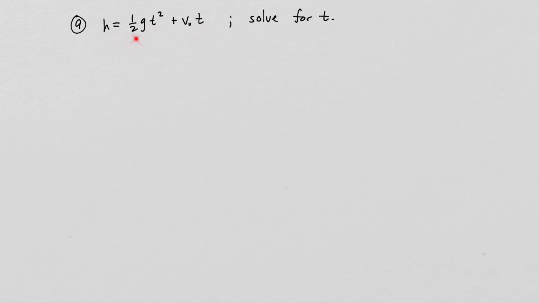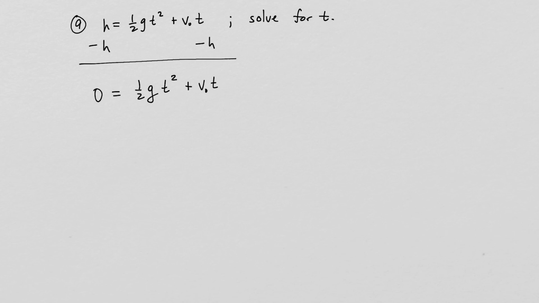So this equation is basically a quadratic equation when you're looking at the variable t. To solve a quadratic equation, we like to set it equal to 0. So I'm going to subtract h from both sides, which will give us 0 equals 1/2 g t squared plus v naught times t minus h.